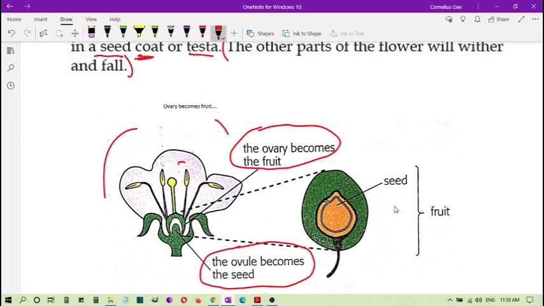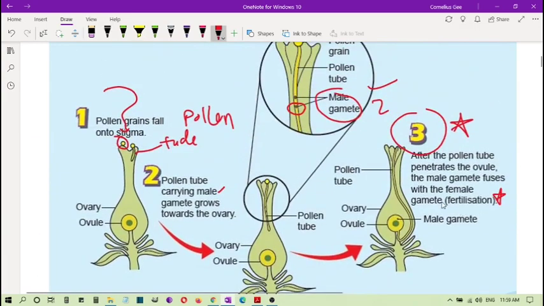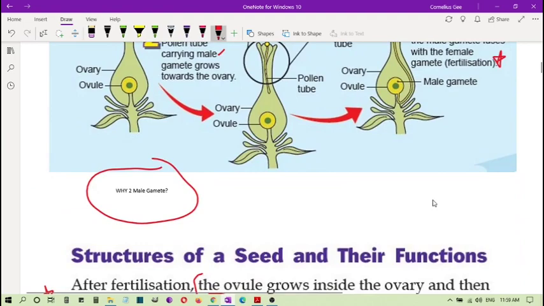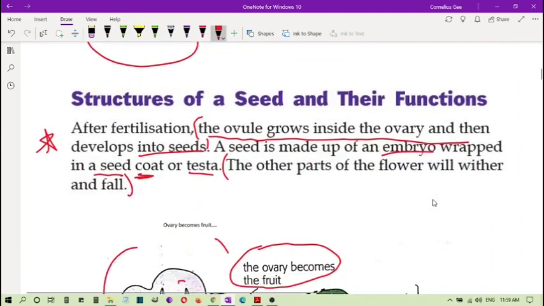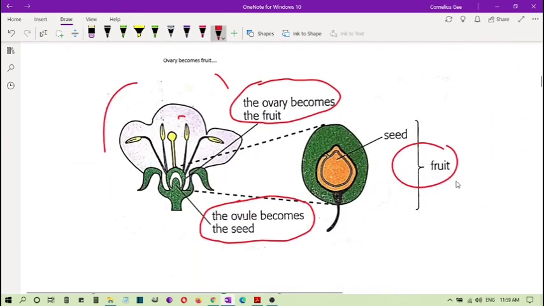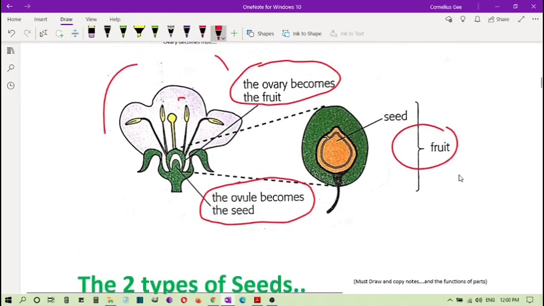Now you can see this is only one seed, but of course it depends on the fruit. In fertilization, it is only one male gamete to one ovule, but there could be many pollen grains and many ovules involved. So some fruits will have many seeds, like papaya or apples. Some fruits will have one seed, like rambutan and mango. Okay, so take note of this.